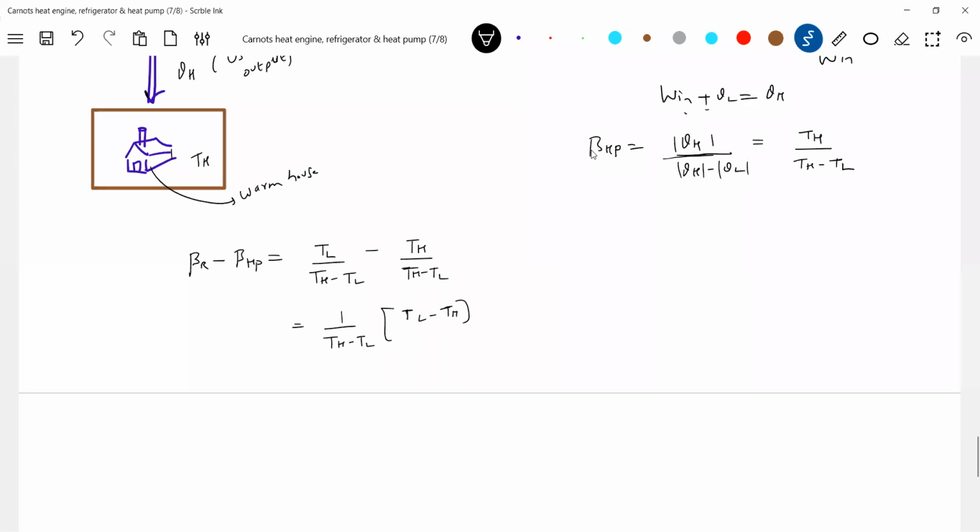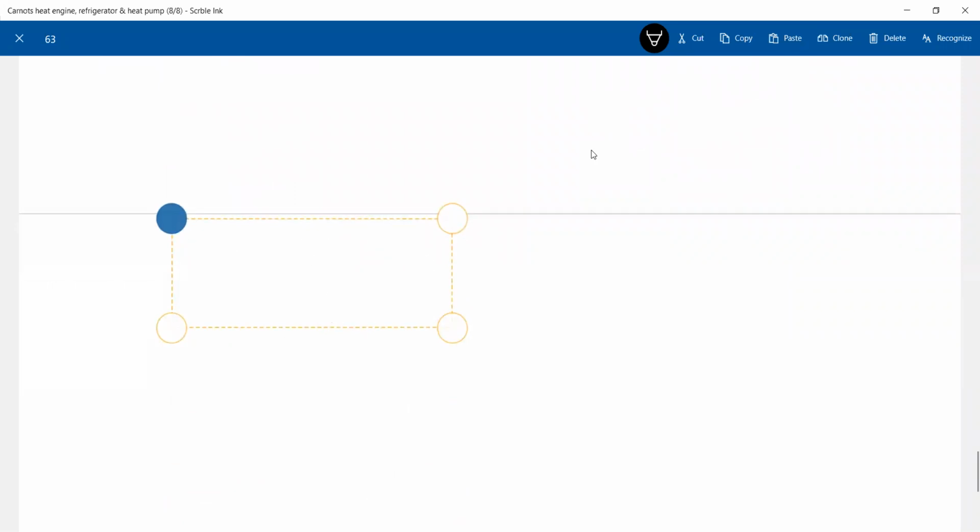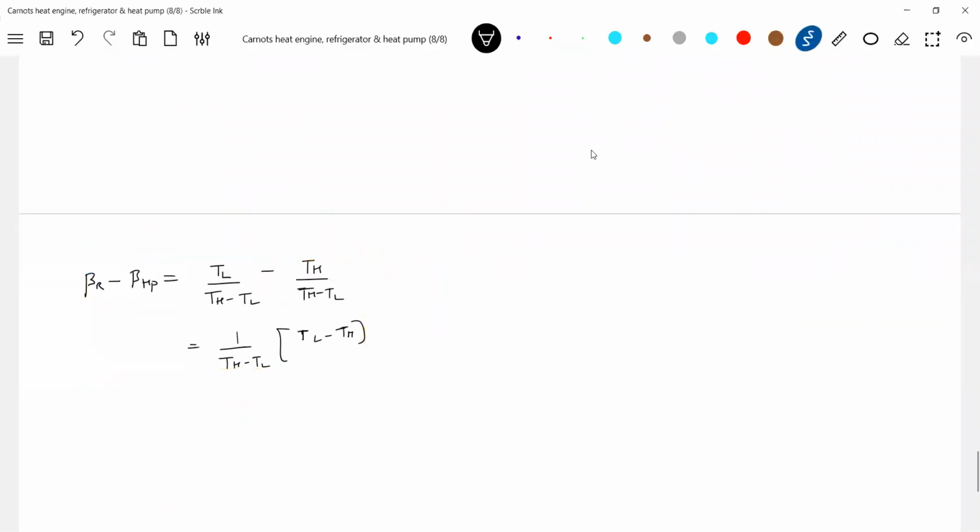If I simplify further, let me write in the corner here, or I'll take it to the next page a little bit. Now this will become minus 1. So this will be TH minus TL, and this will be minus 1.